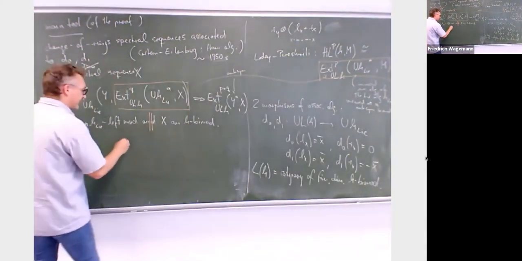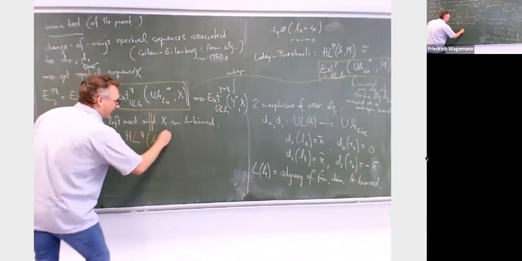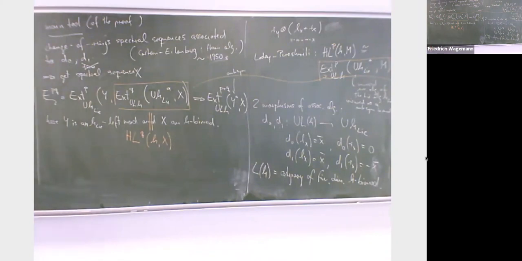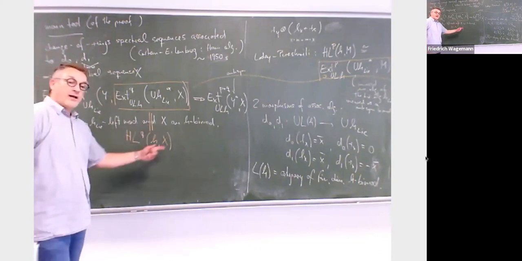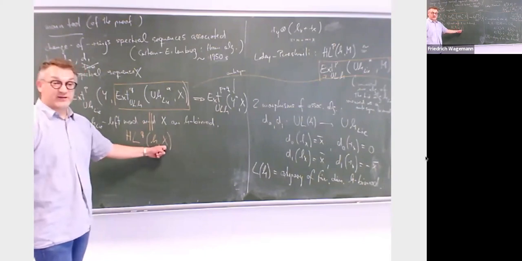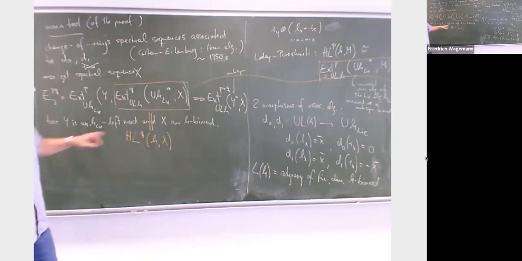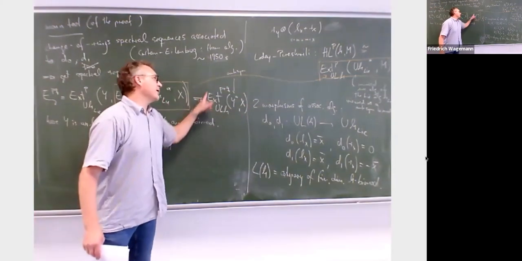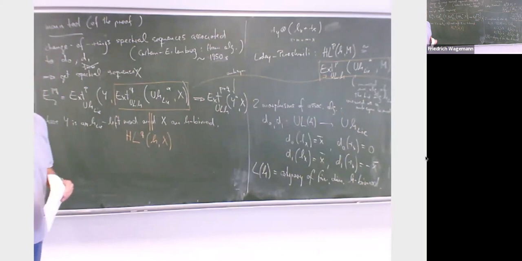So this here is simply HL^q of H comma X. So what I'm saying is, when you know very well the cohomology of H with values in X, you can control the E2 term, and controlling the E2 term, you can maybe control also the Ext. And so this is the method of proof.